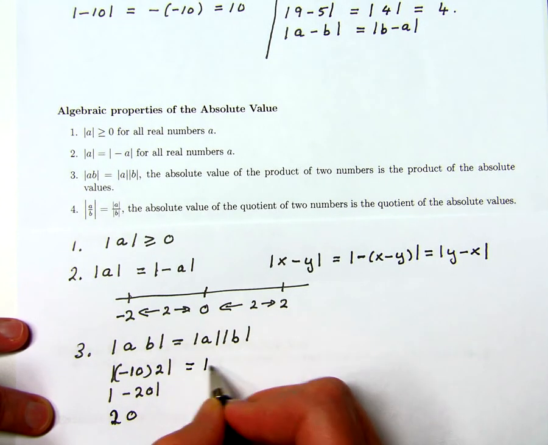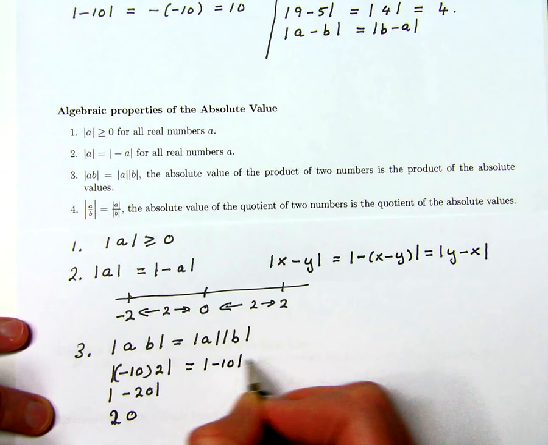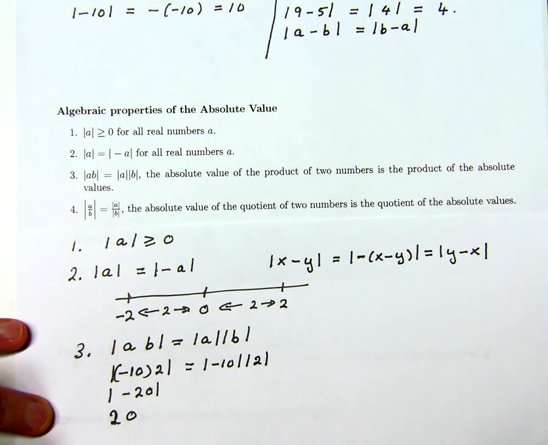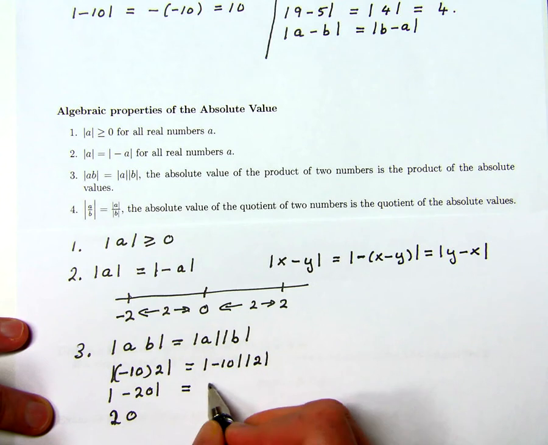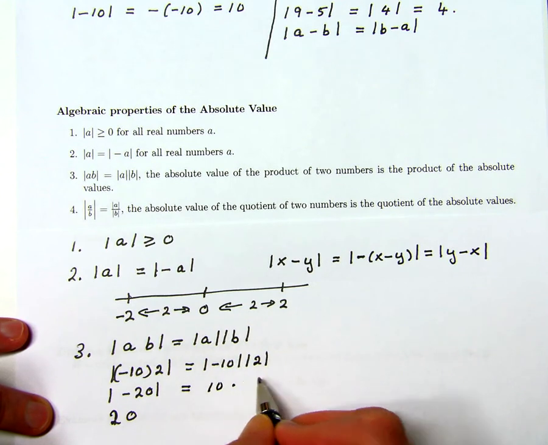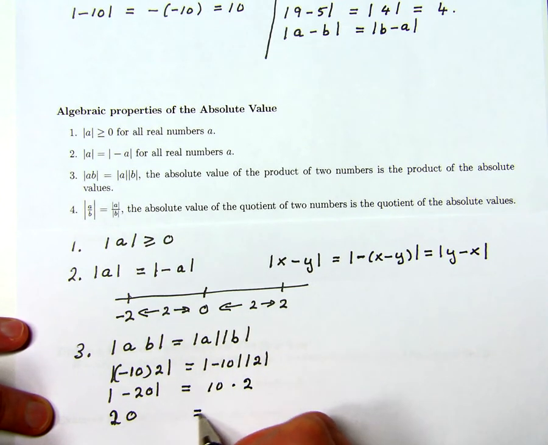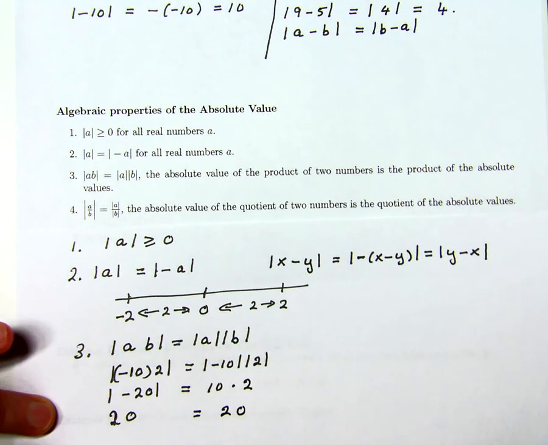On the other hand, if I were to break up these absolute values into the absolute value of minus 10 times the absolute value of 2, on the right-hand side I would get the absolute value of minus 10 is 10 times the absolute value of 2, which is 2, which is 20.